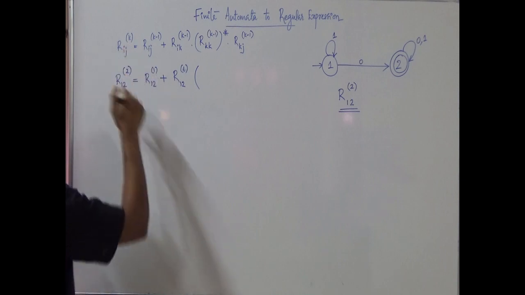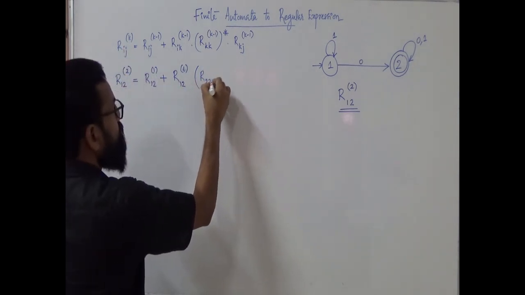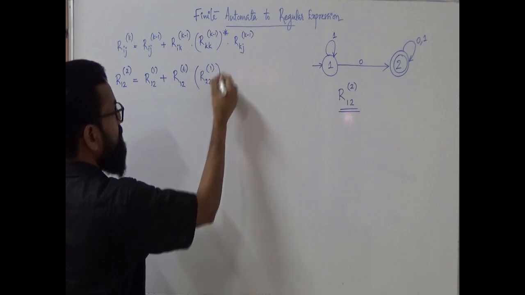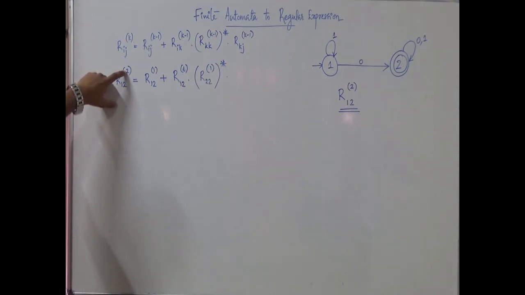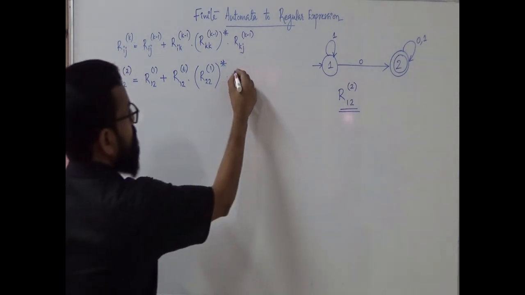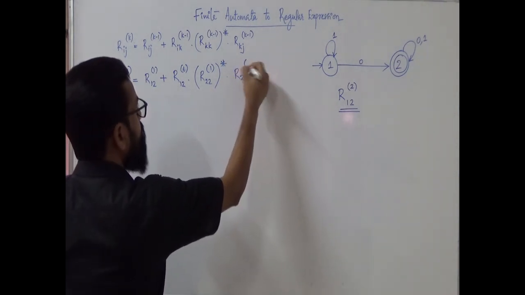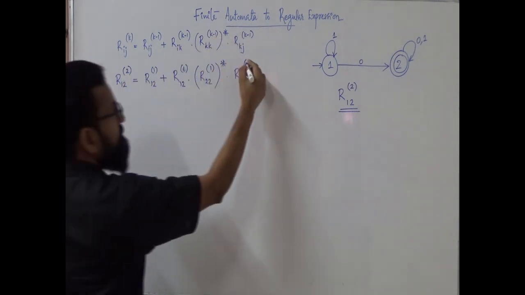Here k is 2. So R22 of 2 minus 1, that is 1, Kleene closure concatenated with Rkj. K is 2 and j is 2. So R22 of k minus 1, that is 1.